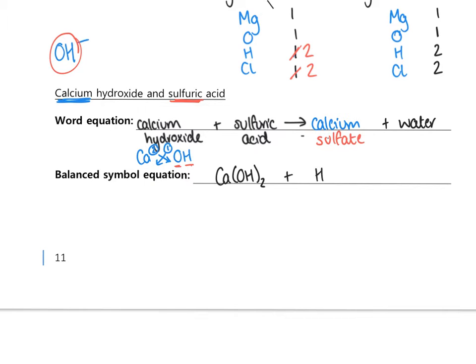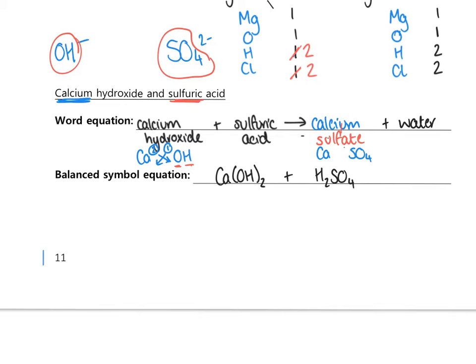Then we're using sulfuric acid, which is H2SO4. Calcium sulfate, I need to do my swap and drop again. I've got calcium, and then sulfate is SO4, 2 minus. So first thing, write down everything bar the charge, including that little number 4 at the end. So it's SO4. And then I look to my charge for my valency.